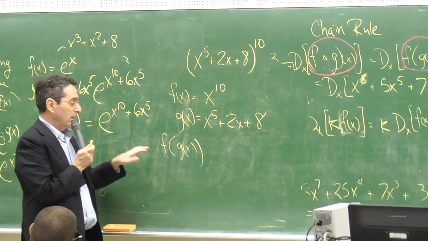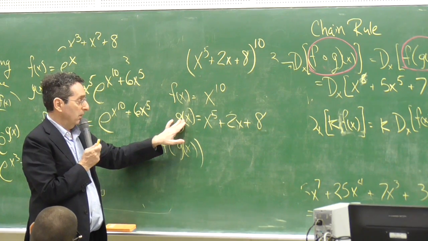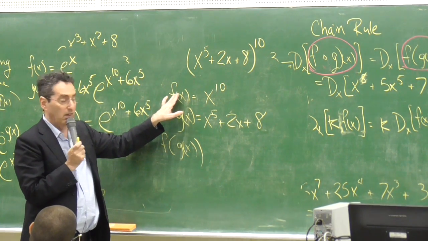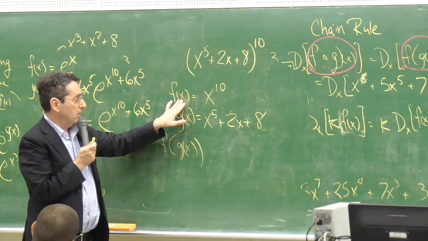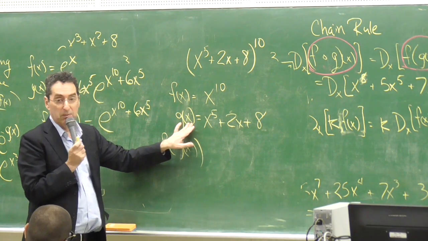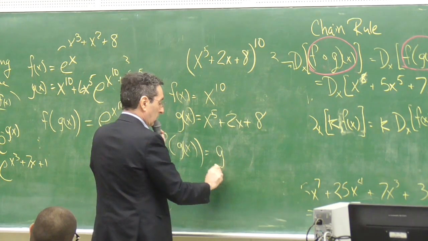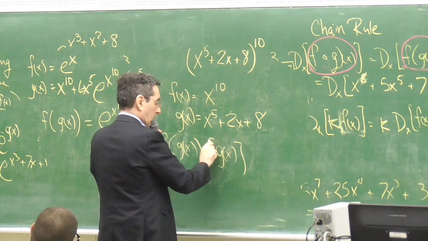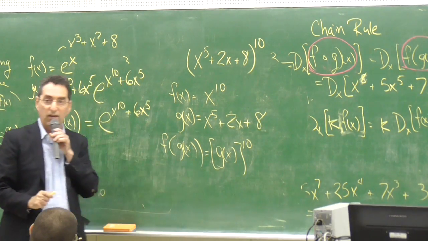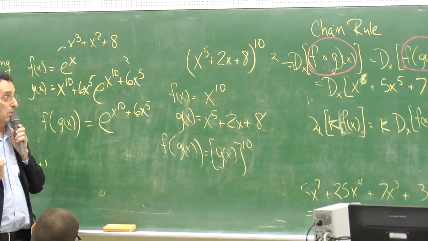It means we're going to put this into here, and wherever we see x in here, we replace it by g. So we'd have g to the 10th, which is what we wanted.